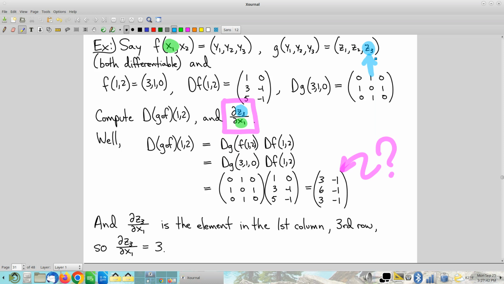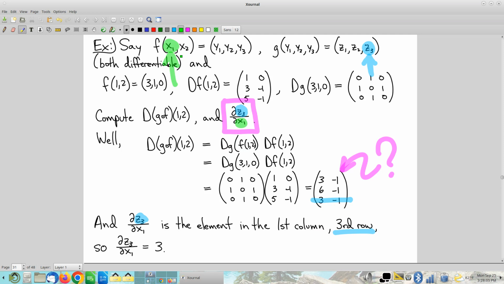So we have been asked for a partial of the third output variable. That means that we are looking for an element in the third row. Now, likewise, input variables correspond to columns.